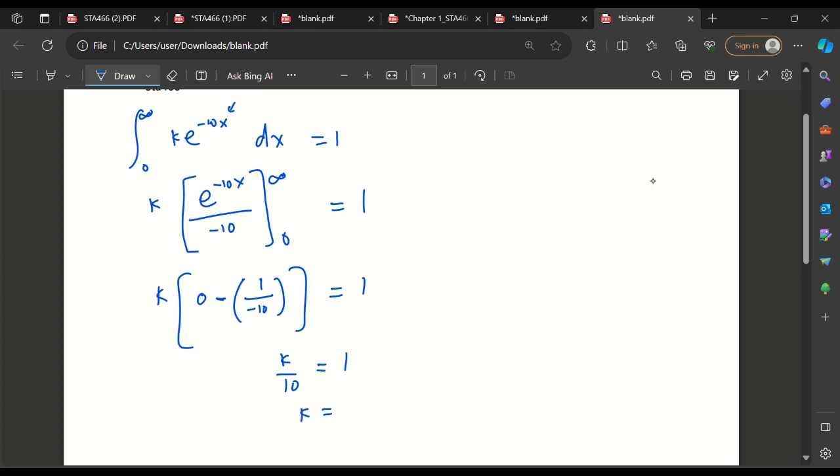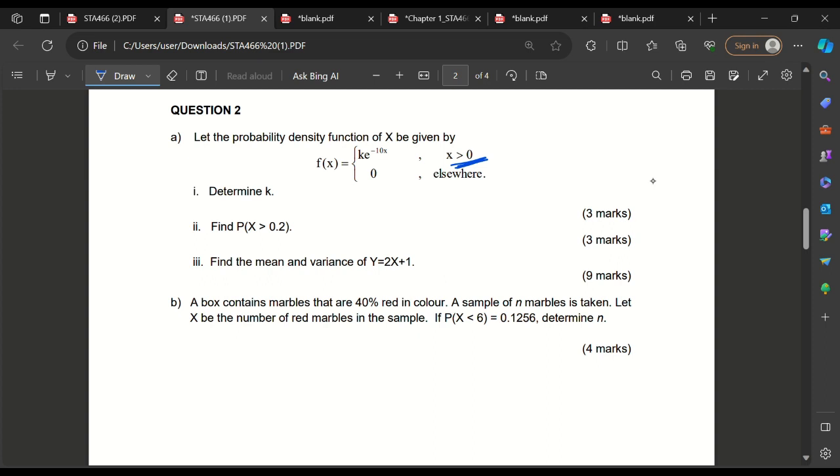So k equal to 10. So actually our function adalah 10 e power of negative x, 0 to infinity. So bila dah ada value k ni, barulah you boleh proceed dengan soalan yang kedua.